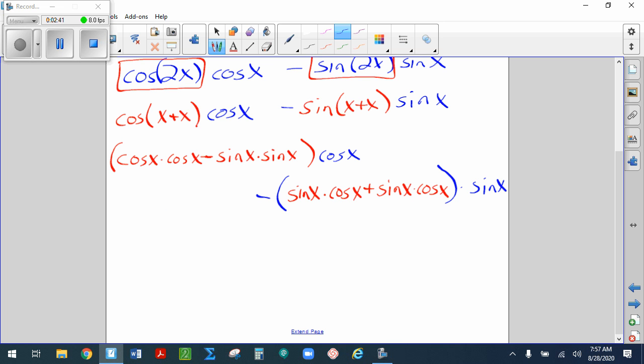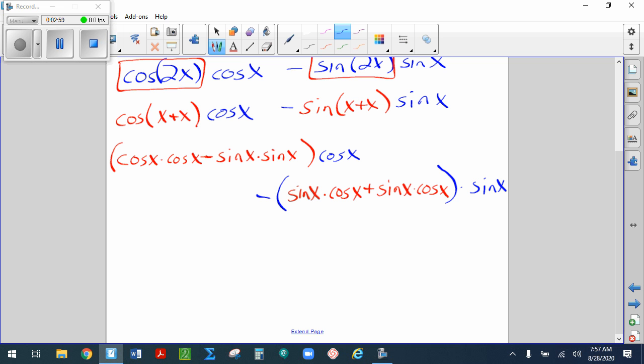So I did my original identity for cosine x plus 2x. I wrote down all the parts. That gave me a cosine 2x and a sine 2x. So now I'm using those two identities, the sum identities. Trying to look at those real quick and make sure I didn't make a mistake.